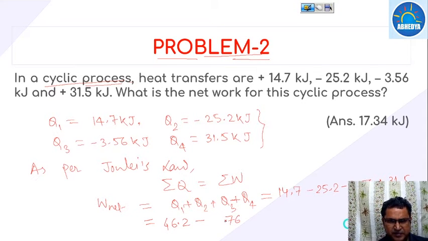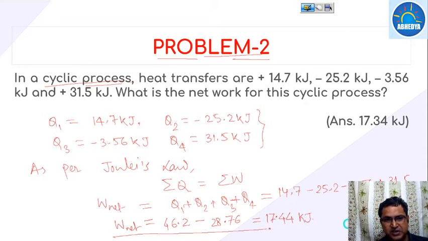So this comes out to be 17.44 kilojoule. So net work transfer for this cyclic process is 17.44 kilojoule.